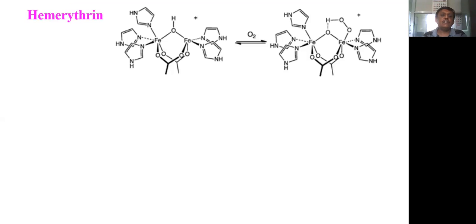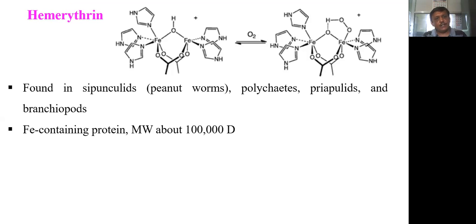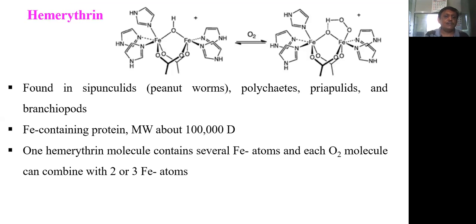The next one is hemerythrin. Hemerythrin is found in some polychaetes, some peanut worms, and some brachiopods. It is also an iron containing protein, as the name itself suggests, heme. It has a molecular weight of approximately 1 lakh daltons. One hemerythrin molecule contains several iron atoms, Fe atoms, and each O2 molecule can combine with 2 to 3 Fe atoms.